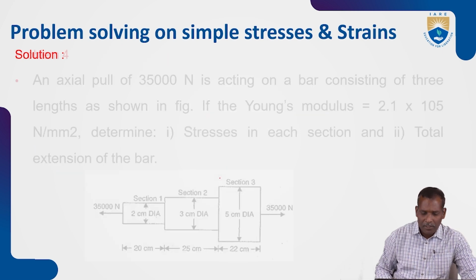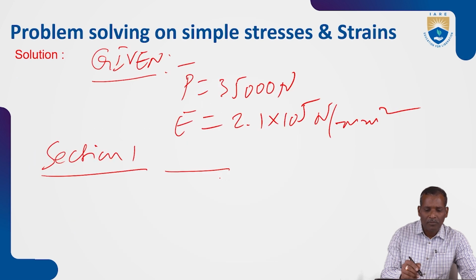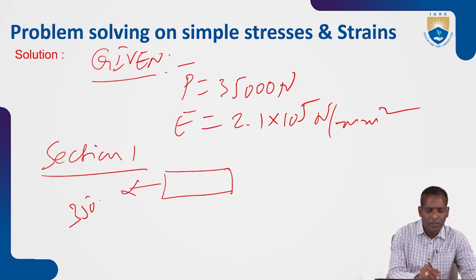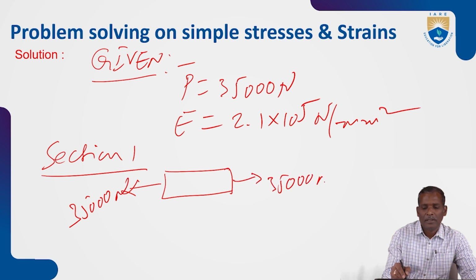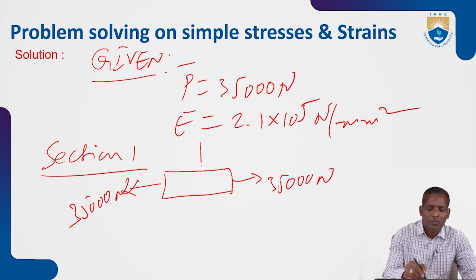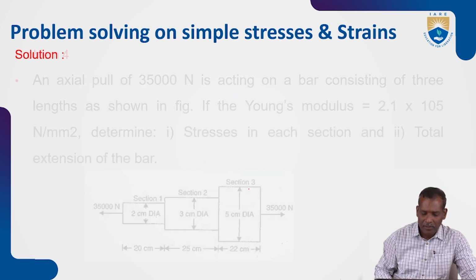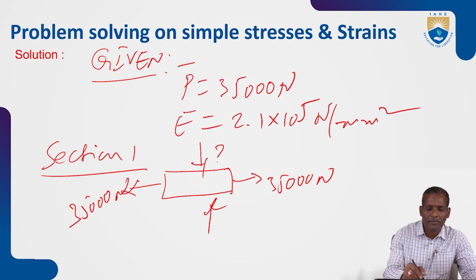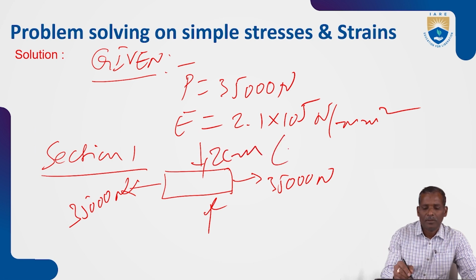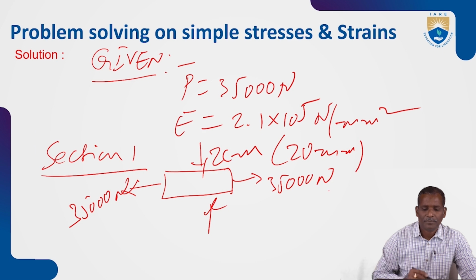Take section 1. That section 1 load is 35,000 newtons, tensile load. So what is the diameter? The diameter is 2 centimeter. 2 centimeter convert into mm, so that is 20 mm.